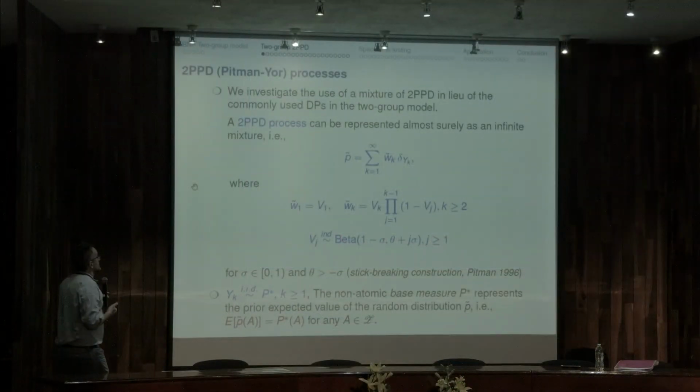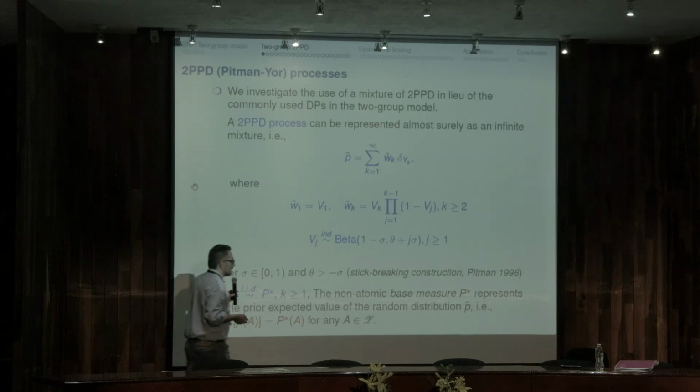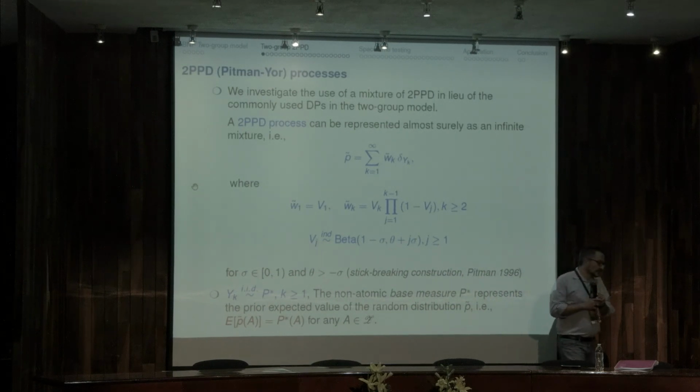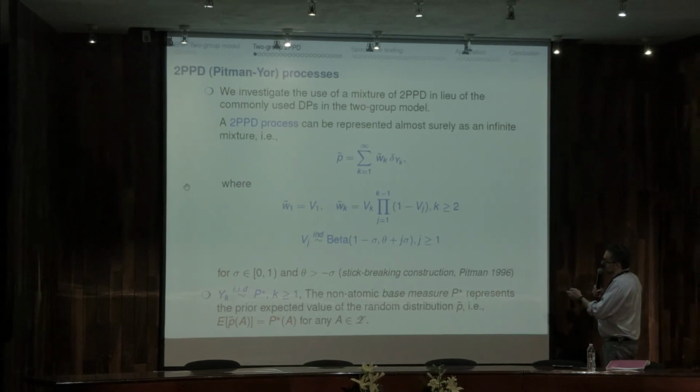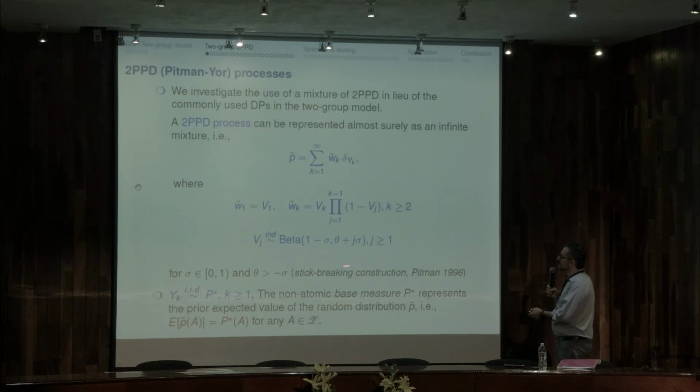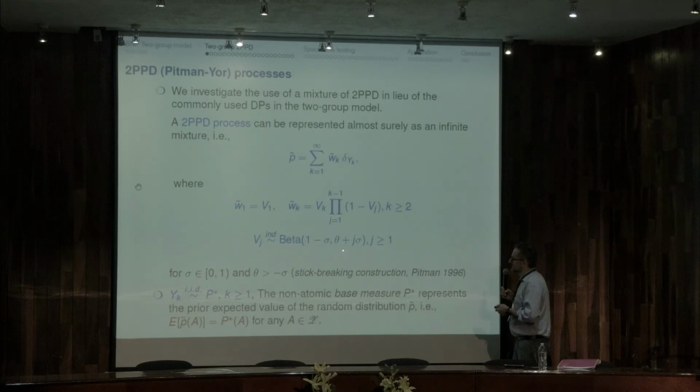So a two-parameter Poisson-Dirichlet process can be described simply as an infinite mixture where the weights follow a stick-breaking representation with beta random variables that depend on two parameters, sigma and theta.